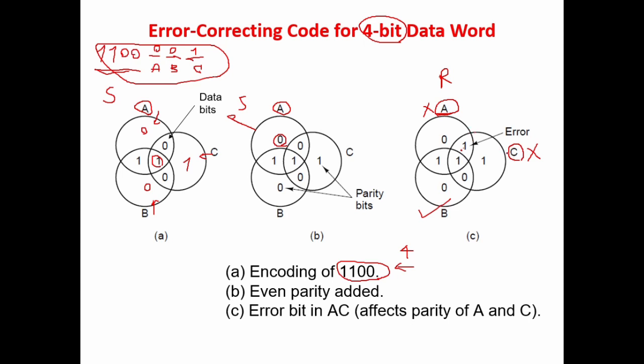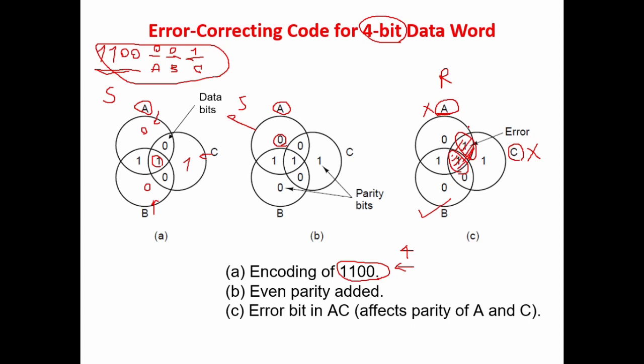And how do we detect the location? For circles A and C, take the intersection between these 2, but excluding B, because B is already fine. So if you take the intersection, this would be the whole intersection, but excluding B means there is no problem there, so the problem would be here.